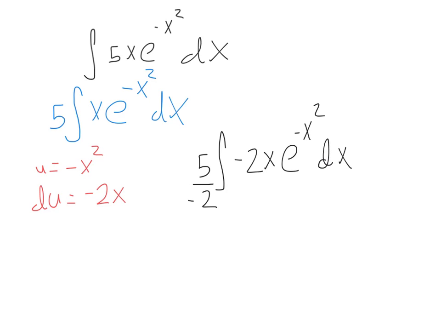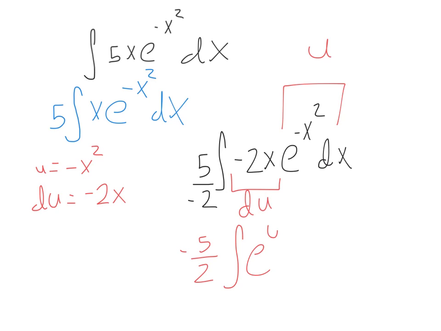Here's my u, and here's my du. So really, I have negative 5/2 times the integral of e to the u du. And that's a really easy integral. Let's show it.